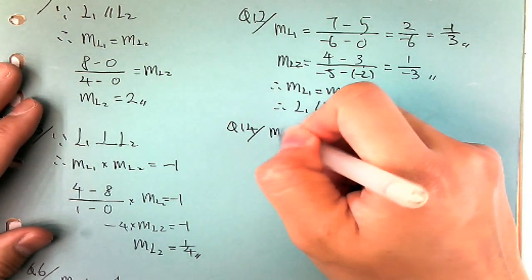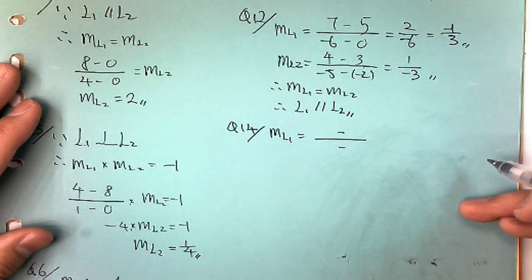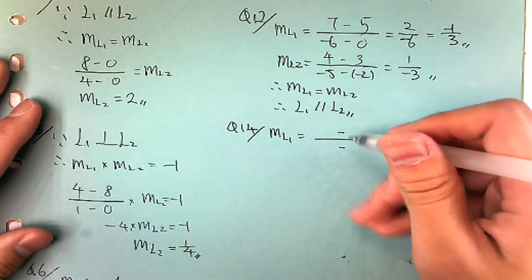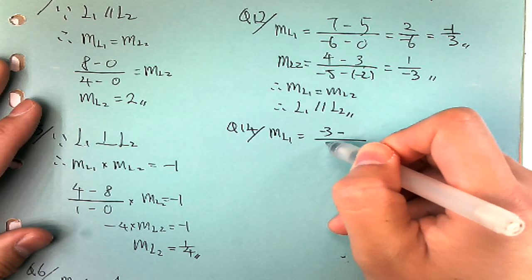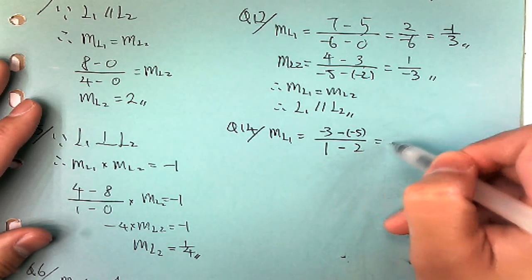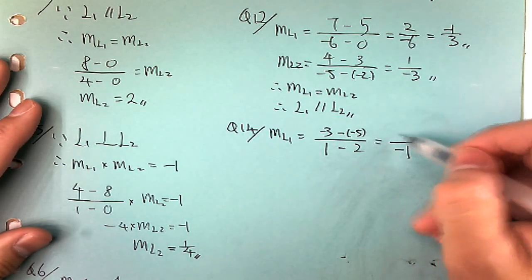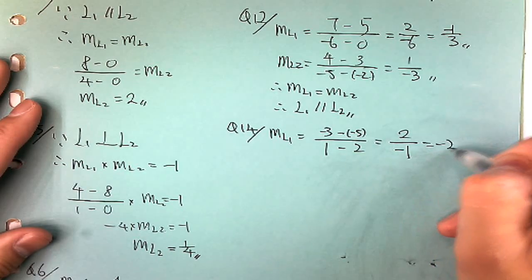Okay, let's calculate mL1 first. Okay, the format minus, and then for L1 you have 2 points. You can use B and C, right? And then -3, 1 here. This is -5, 2 below here. So below here is -1. Above here is 2. So just -2.